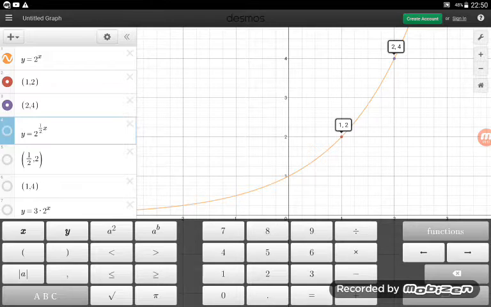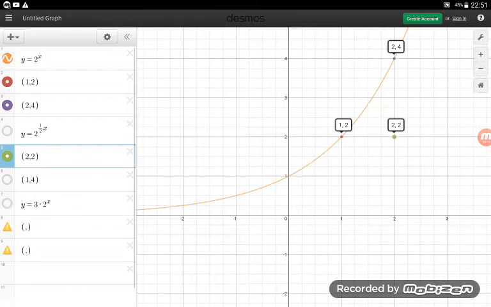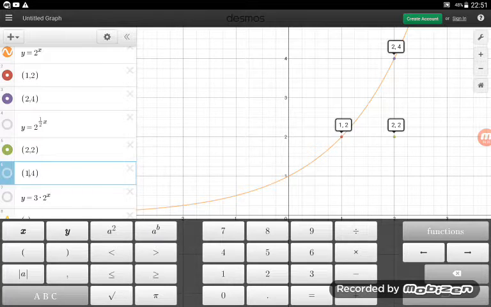If that's true, then the points from the original y equals 2 to the power of x graph will have the y stay the same, but the x is now going to be multiplied by 2. So the point (1, 2) has now become (2, 2), and the point (2, 4) will now become (4, 4).